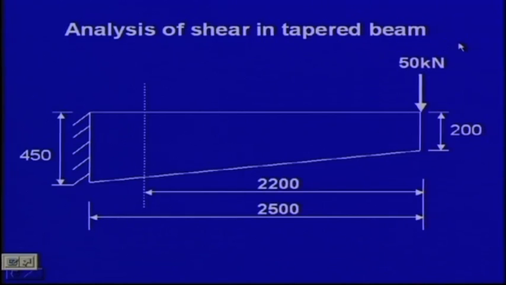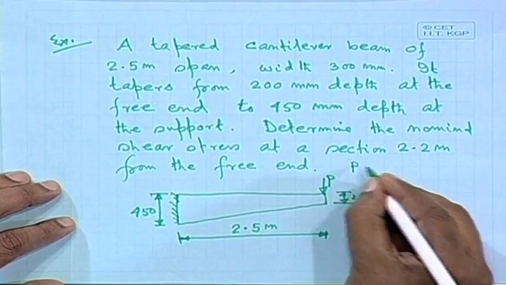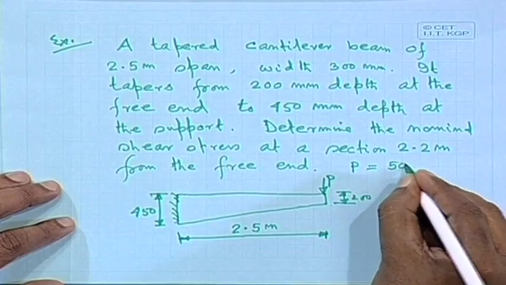We are interested to find out the shear force here at this section due to this varying depth. All dimensions are in millimeter, 200 millimeter, and I forgot to tell you that the applied P is 50 kilonewton.